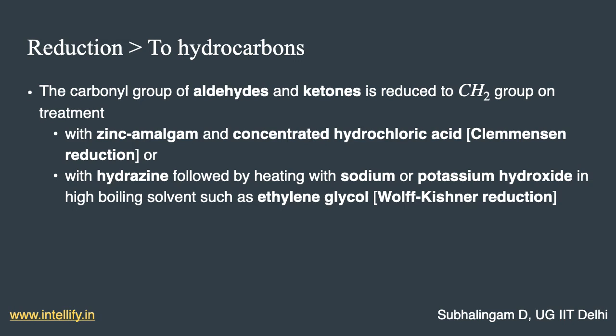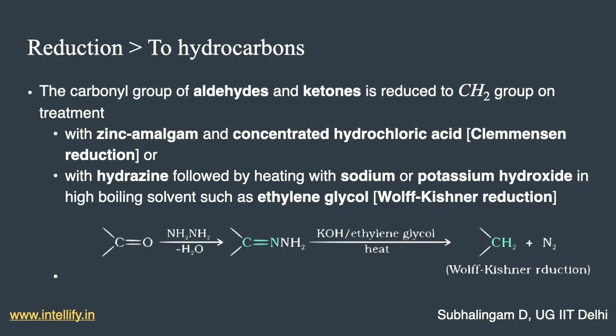Otherwise, you can also do this. I can treat it with hydrazine followed by heating with sodium or potassium hydroxide in high boiling solvents such as ethylene glycol, and this is known as Wolff-Kishner reduction. So we have the example over here.